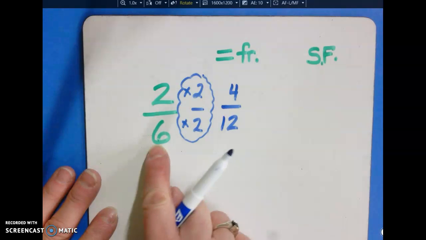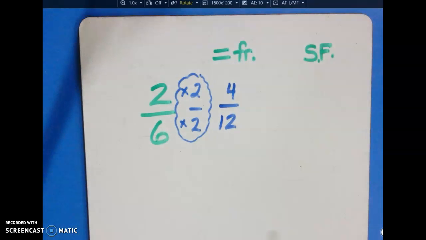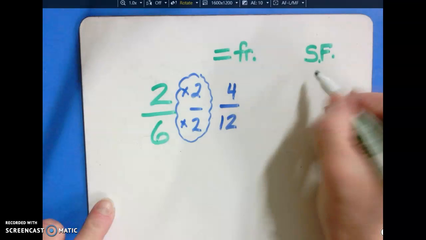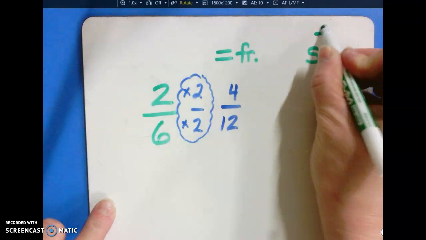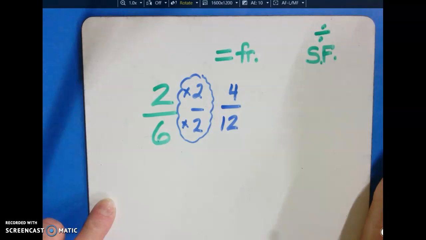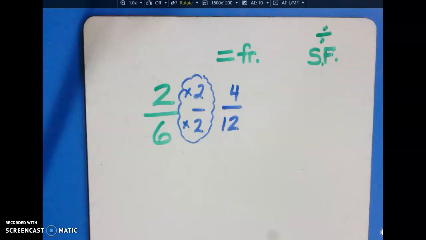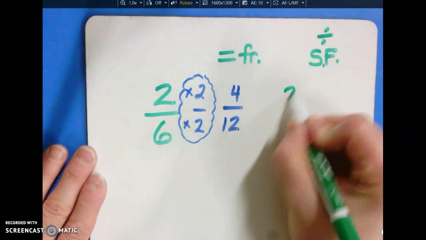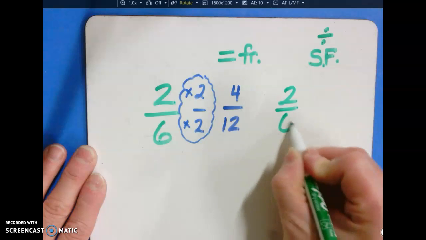Now, how would I put this 2/6 in simplest form? Well, the biggest thing to remember is with simplest form, you always need to divide. Why? Because a simplest form fraction gets me down to the fewest pieces and the smallest numbers to use to get to that same amount. What do I mean? Here's my original 2/6.